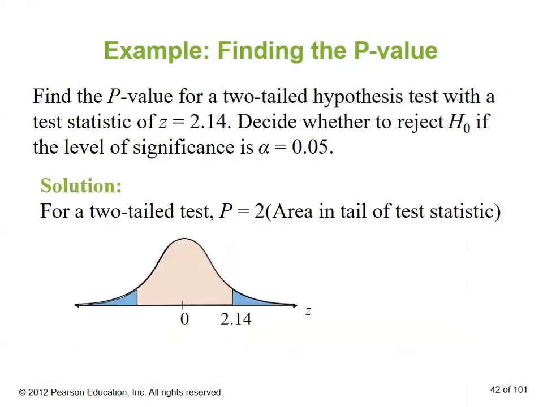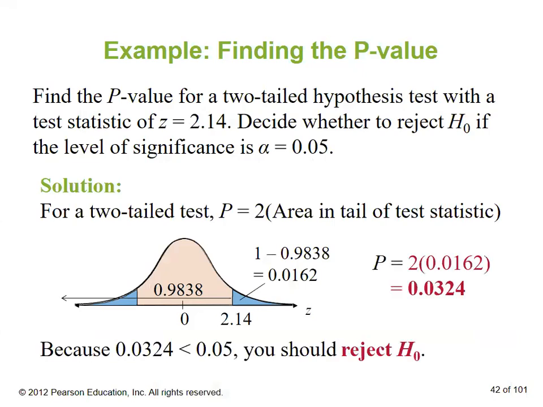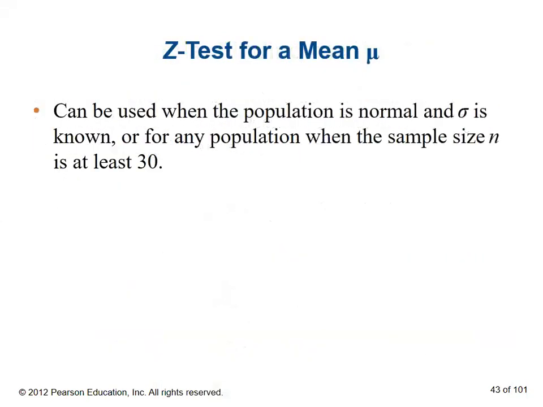On this one, they came up with 0.0162. They found that for the right tail, but that's the same thing we found in the left tail. So when you multiplied it times 2, you got 0.0324, which was less than 0.05, and therefore you reject the null hypothesis.